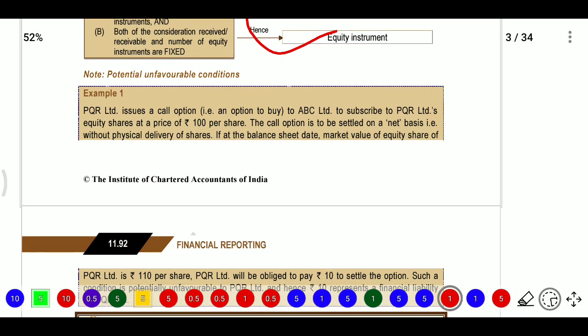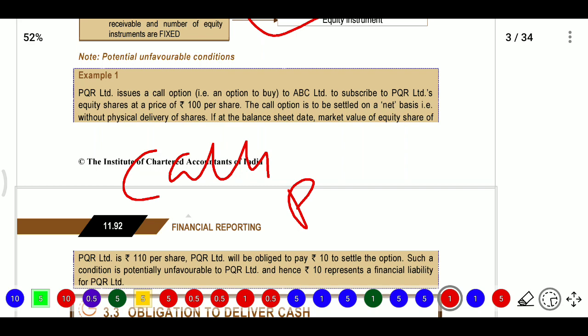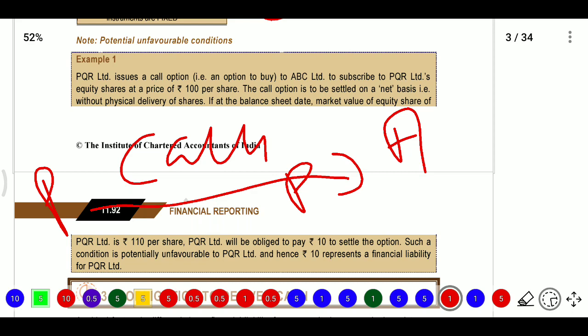Potentially unfavorable conditions means, for example, PQR Limited issues a call option. A call option means the holder gets the right, an option, to buy. PQR Limited issues the call option to ABC Limited to subscribe to PQR Limited equity shares at a price of 100 per share.